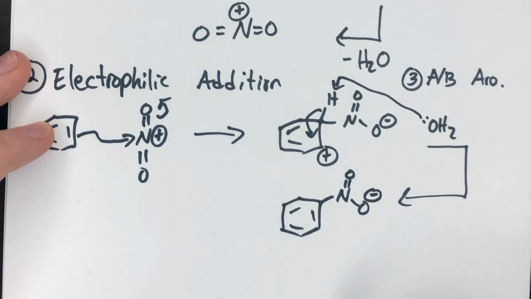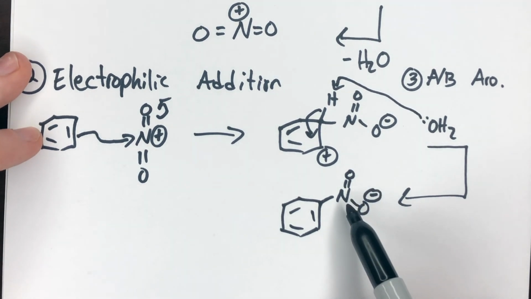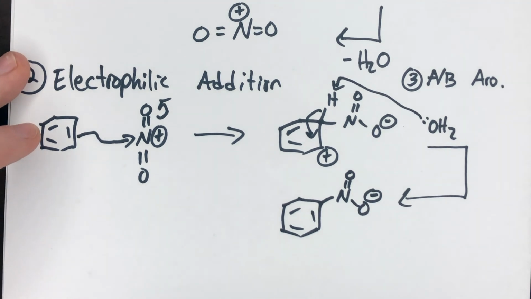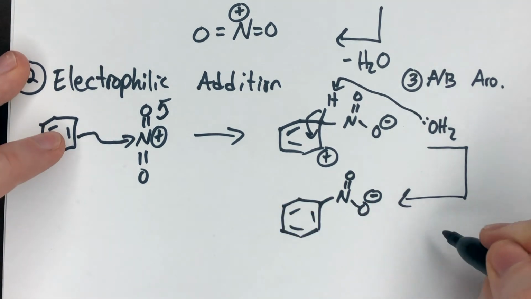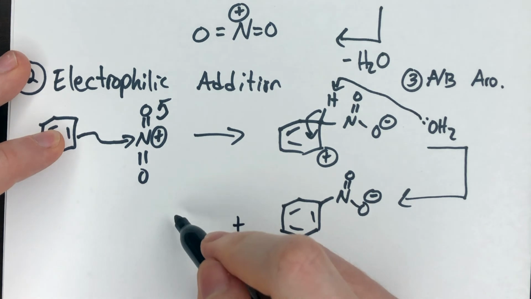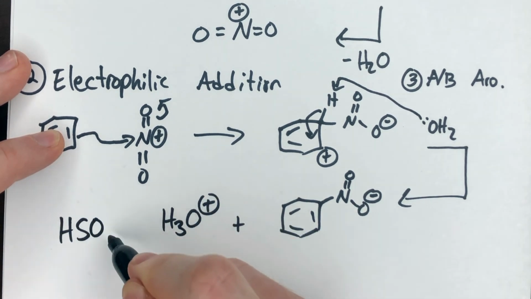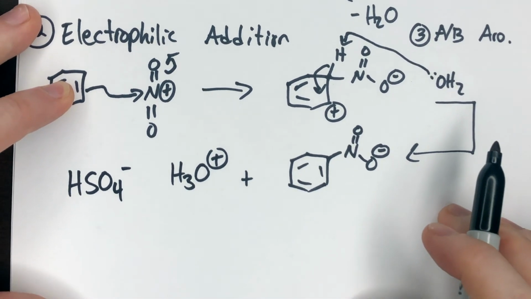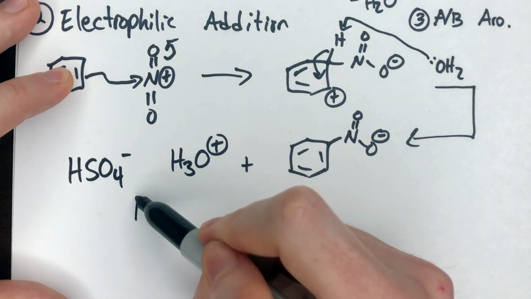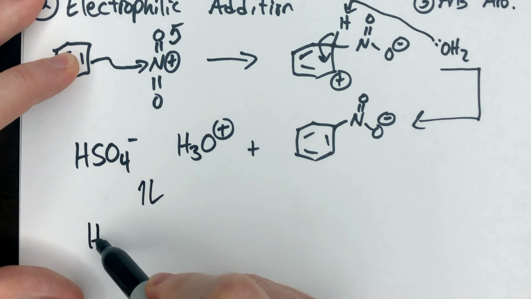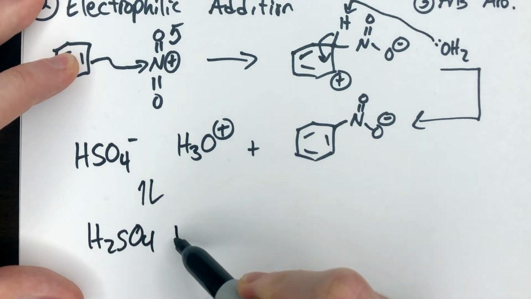All right, so now if we think about what just happened, we replaced the hydrogen that was here with NO2, and we produce H3O+. And remember, we have HSO4 minus floating around, so it's more than likely that these two will equilibrate back to H2SO4 and water.